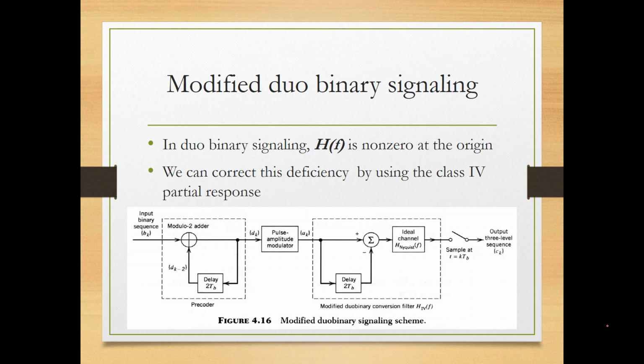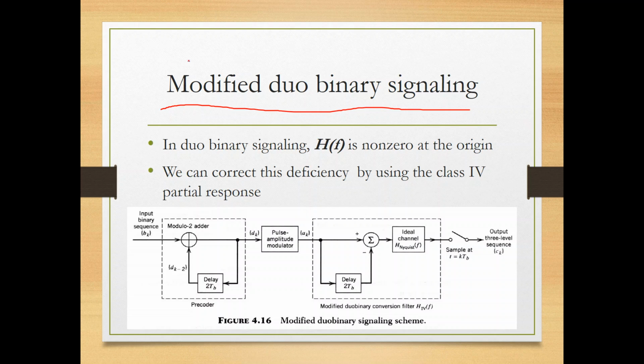So what's the solution? Modify your dual binary sequence, modify the pulse, in such a way that the response of this pulse in the frequency domain has 0. How do we do that? We come up with a scheme called modified dual binary signaling. In dual binary signaling, we know that the frequency response is non-zero at the origin.